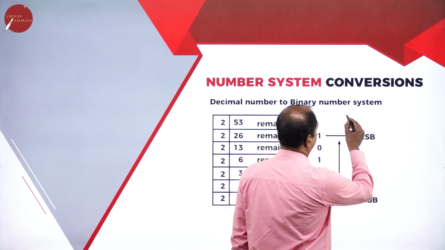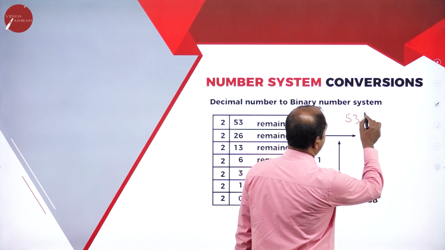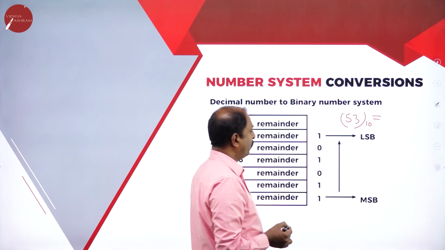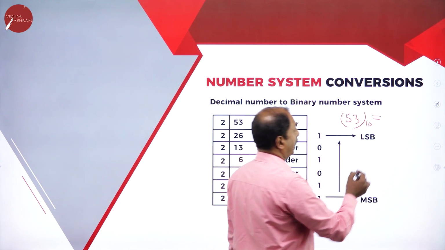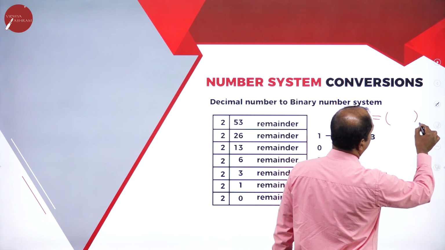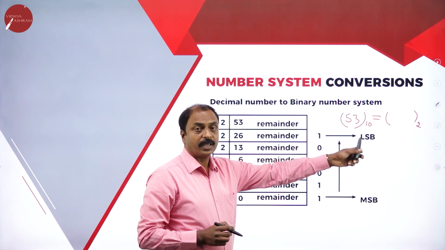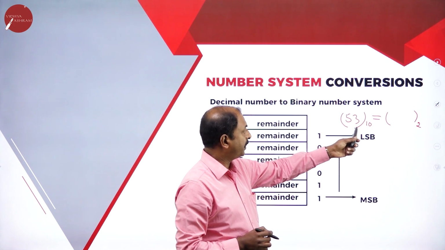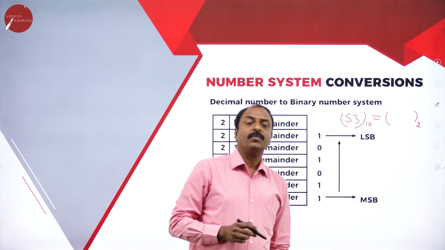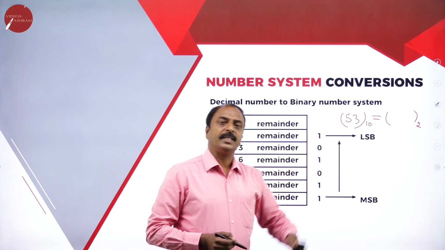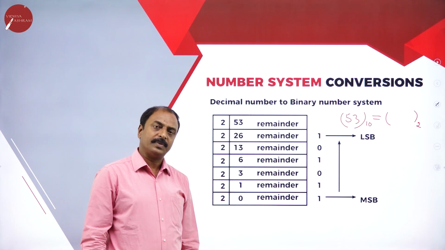We have to represent 53 to the base 10, and we have to find out its value in binary number system. So we are converting the given decimal number to binary.